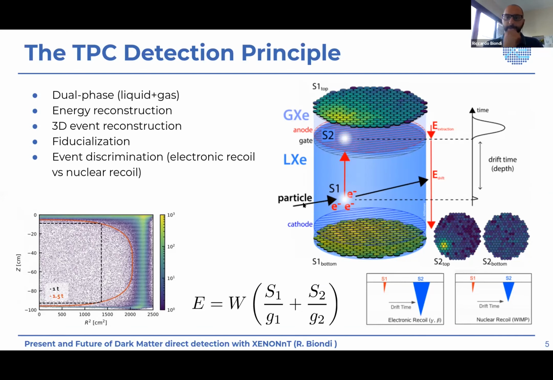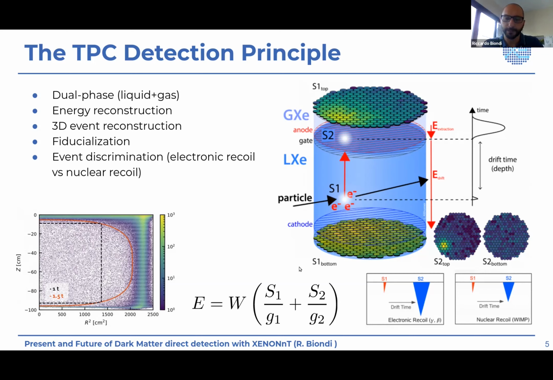From the time between the two signals, we can infer the z coordinate of the primary interaction, and from the pattern of the S2 on the top array, we can determine the x and y position. So this gives us a very precise 3D event reconstruction of the position.